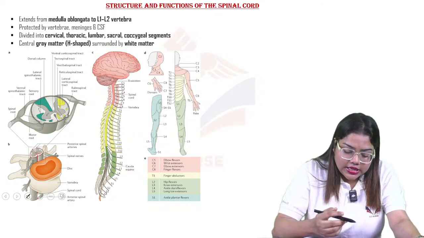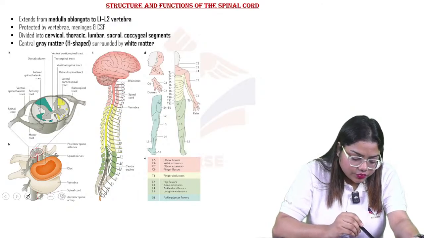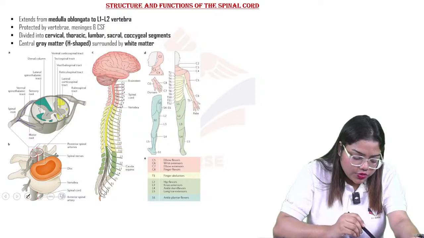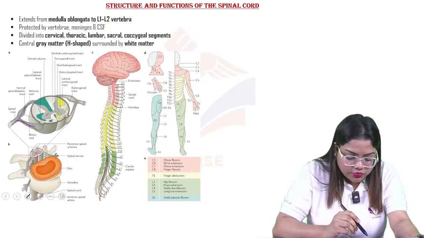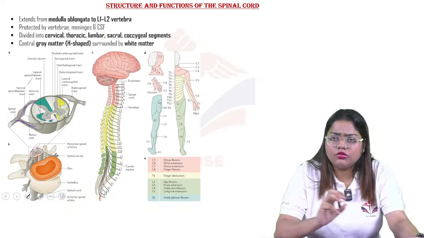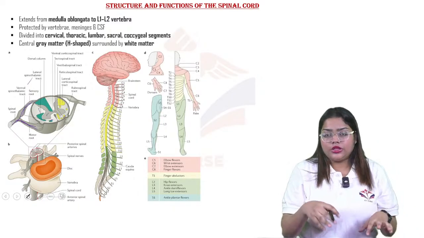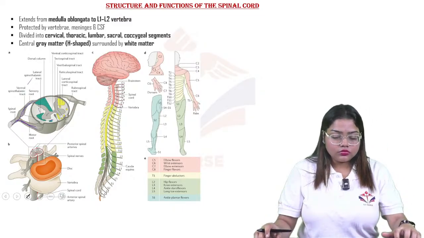If we see the vertebrae very closely, we can see there are a sensory root and a motor root. Okay, inside this we have the dorsal column and lateral spinothalamic tract. Different detailed anatomy is there, but you don't have to know that much. Okay, this is enough.